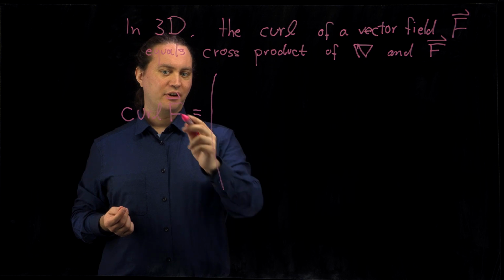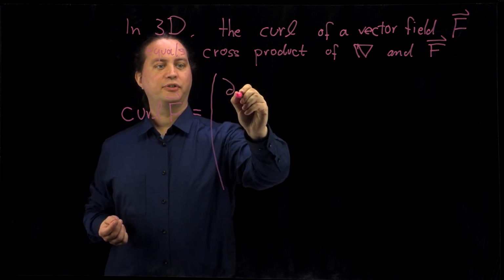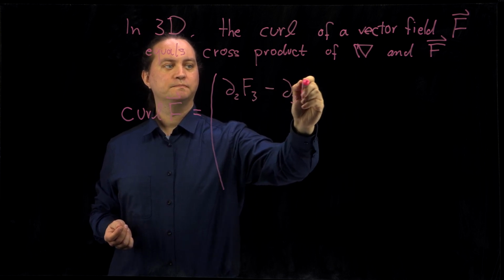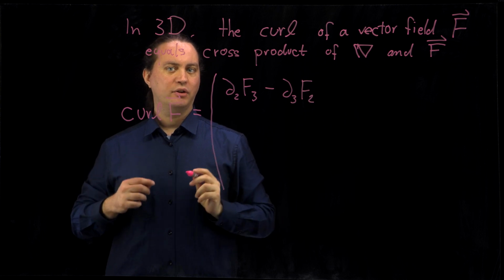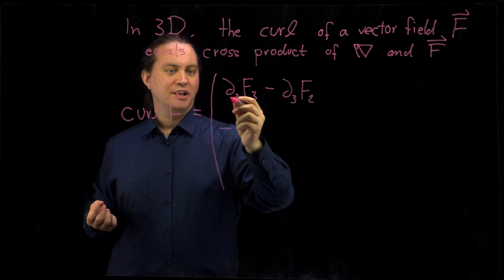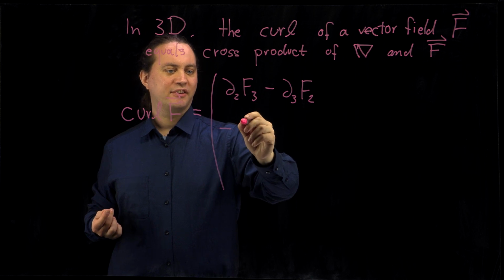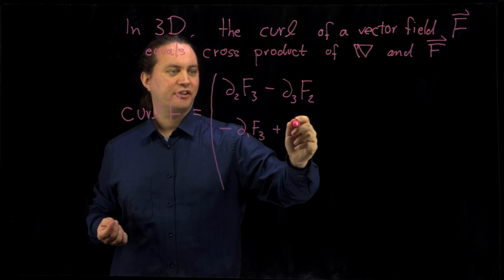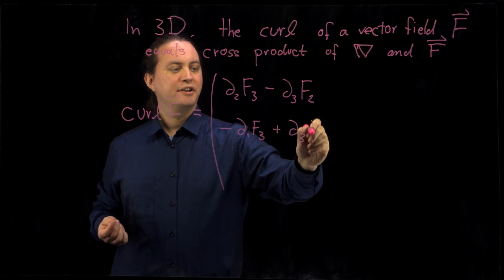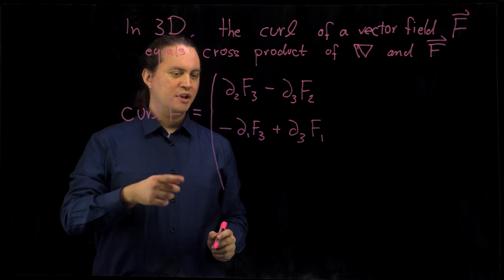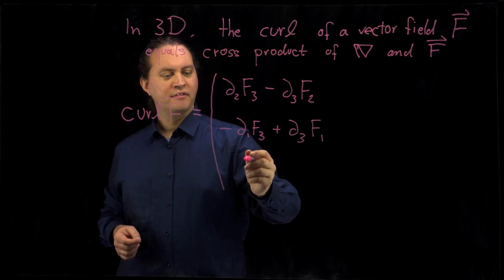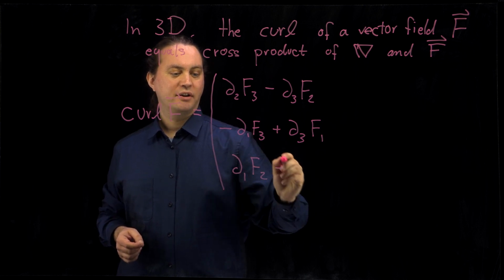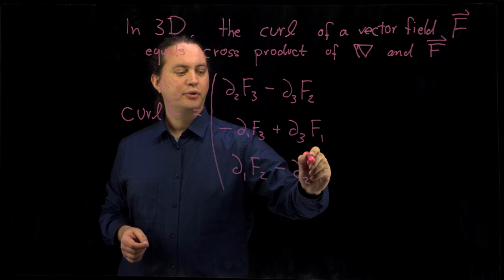The first component of the curl of f is del2 of f3 minus del3 of f2. And the second component, we remember, we need to put a minus sign here first, is negative del1 of f3 plus, this time, del3 of f1. And lastly, the third component equals del1 of f2 minus del2 of f1.